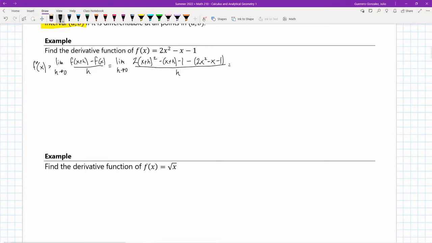This is going to be equal to the limit as h goes to 0 of 2x squared plus 4xh plus 2h squared minus x minus h minus 1 minus 2x squared plus x plus 1, all over h. I haven't handled the h on the bottom yet. So I want to stop here for a second.